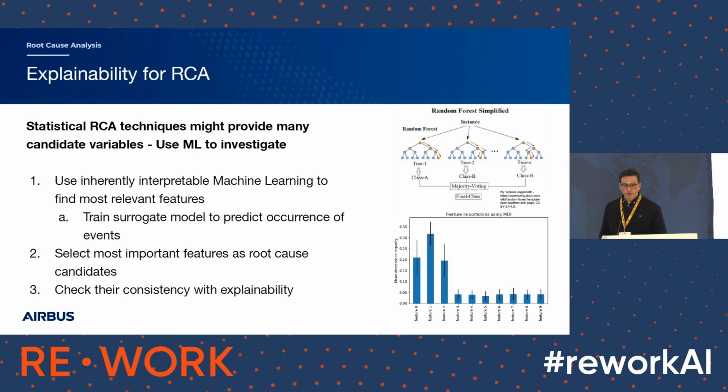Then we train a surrogate model, which should be able, from their behavior, to predict that the anomaly will occur. And then we look at feature importance and select the most important features as root cause candidates. So now we have a lot of features, then we subselected some of them which have statistical properties which we are looking into. Now we use machine learning as well on top.